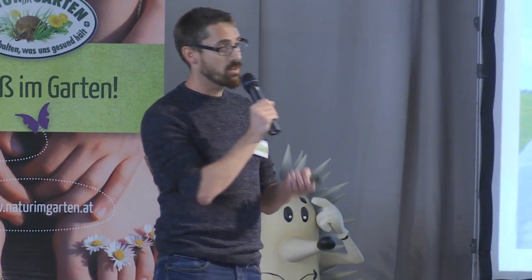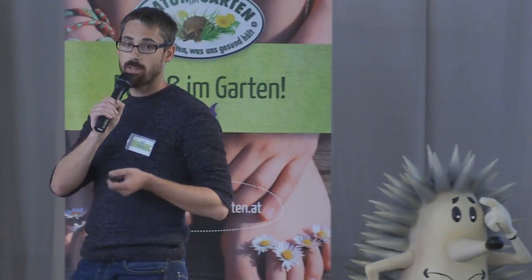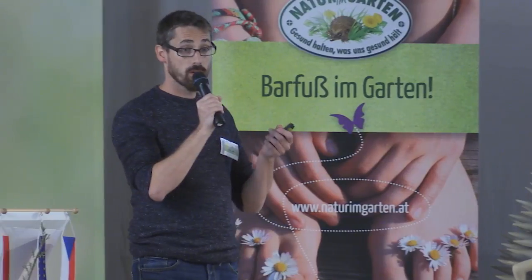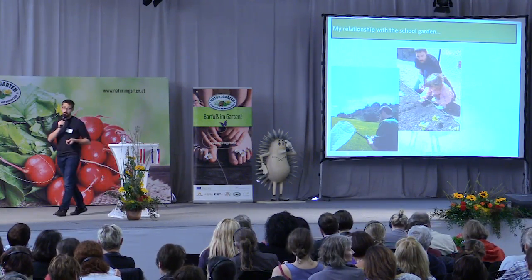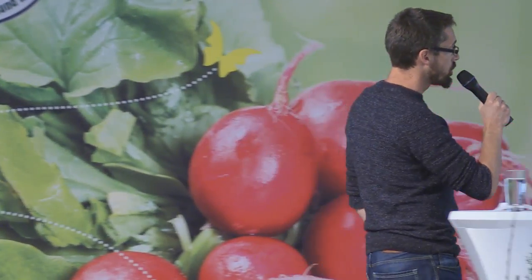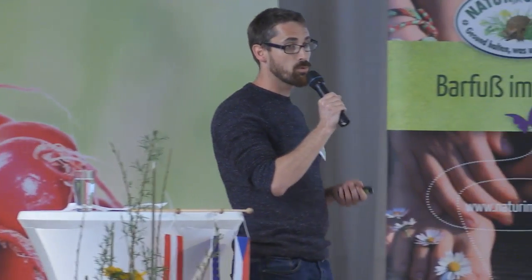One of the first things that I realized is that there was a vegetable garden within each of these 16 schools. So I thought that these vegetable gardens could be a good tool to promote the study of the environment.